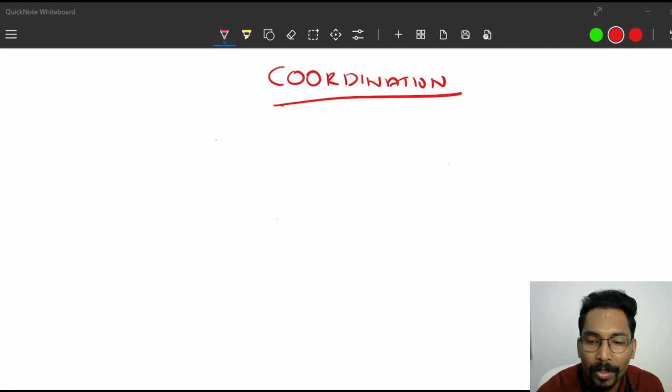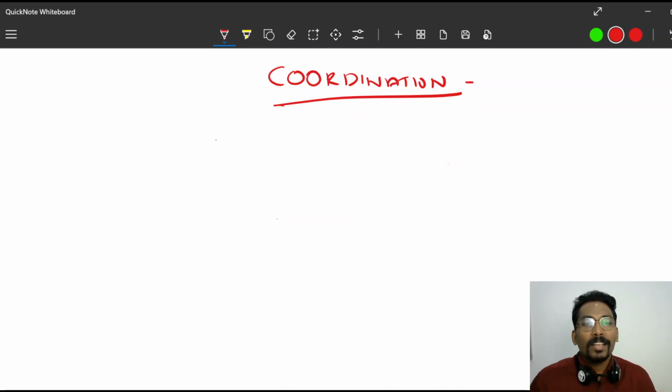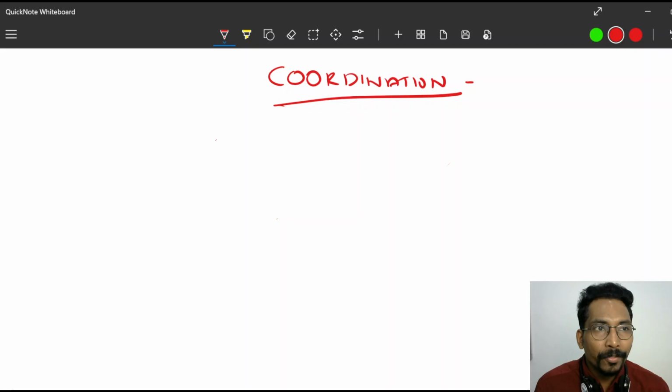Coordination compounds. First I will tell you what is a coordinate bond, or how a coordination compound is exactly formed. I hope all of you are very clear about bonding. You know about different types of bonding, like ionic bonding, covalent bonding, and metallic bonding.